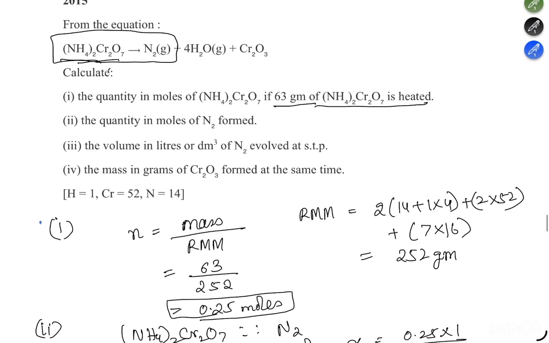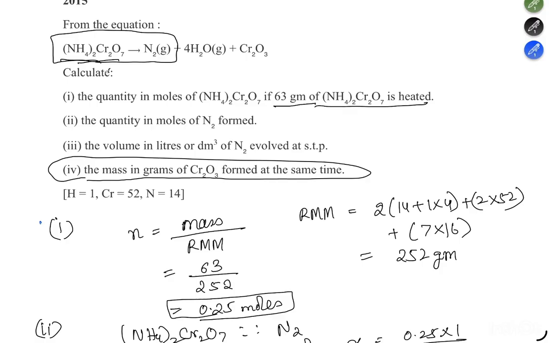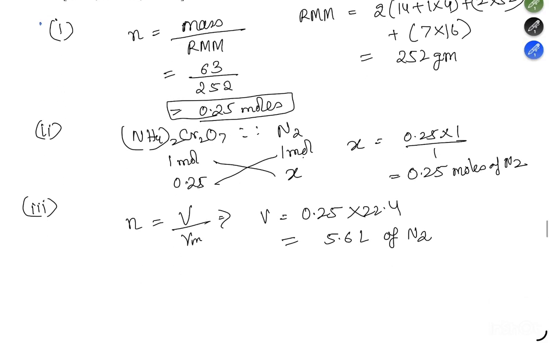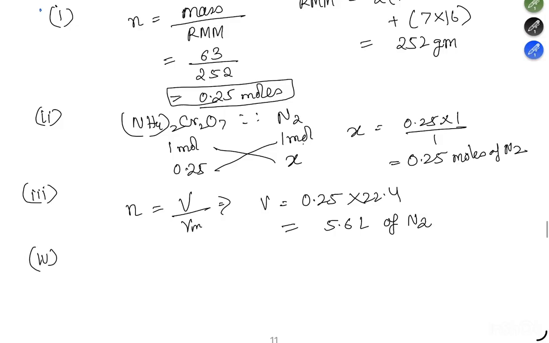Let's look at the fourth part of this question. The mass in grams of the chromic oxide which is forming. So now we have to look at the ratio between the reactant and this product. As you can see in the equation, again we compare the mole ratio, ammonium dichromate to chromic oxide, which is 1 mole produces 1 mole.